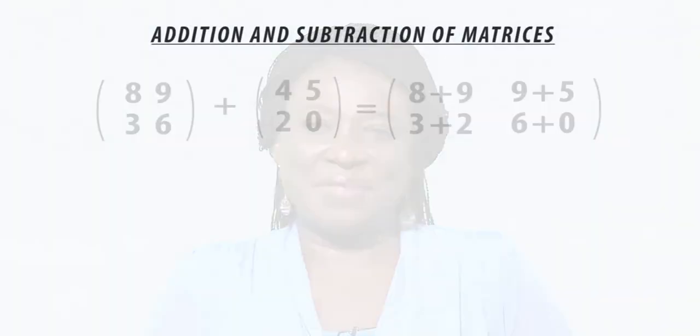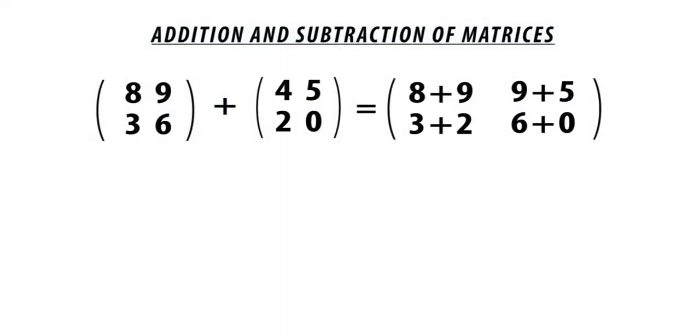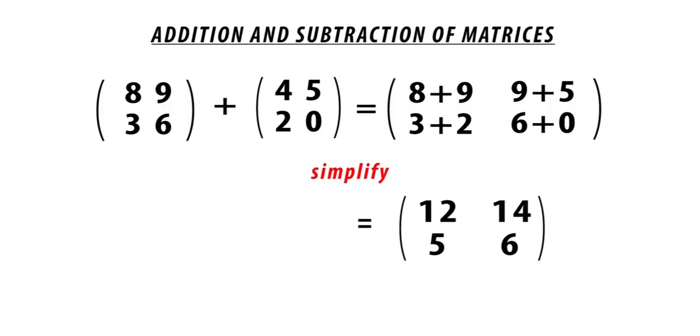Example, the matrix 8, 9, 3, 6 plus the matrix 4, 5, 2, 0 will give us 8 plus 4, 9 plus 5, 3 plus 2, and then 6 plus 0. That is corresponding elements being added. When we simplify that, we will have 12, 14, 5, and 6. I hope that is clear.